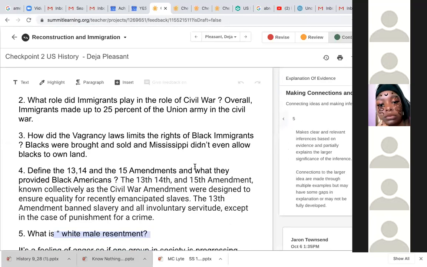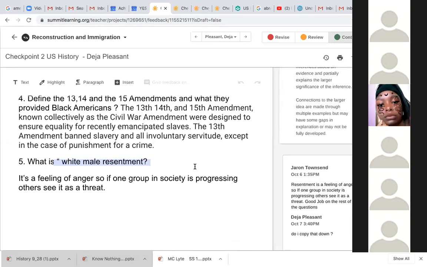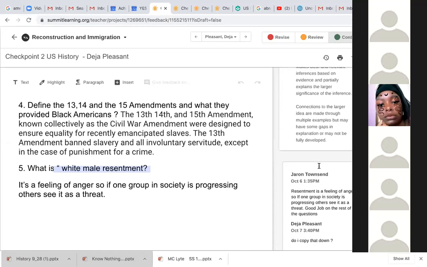Now, I see that this student did everything that I asked her to do. I highlighted, and I wanted her to be sure that she understood that resentment is a feeling of anger. So if one group in society is progressing, others see it as a threat. Good job on the rest of the questions.